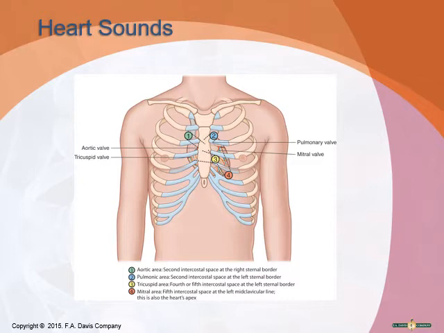The tricuspid area is the 4th or 5th intercostal space and on the left side of the sternal border. Then the mitral area, which is basically the apex, is the 5th intercostal space and left of the mid-clavicular line.